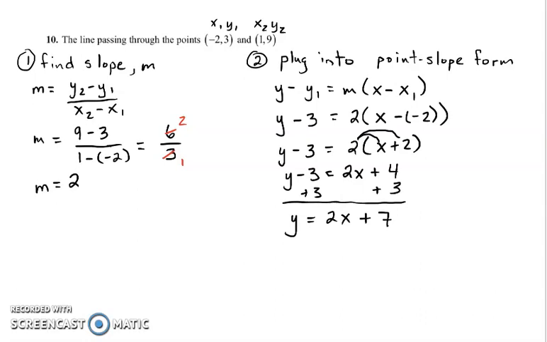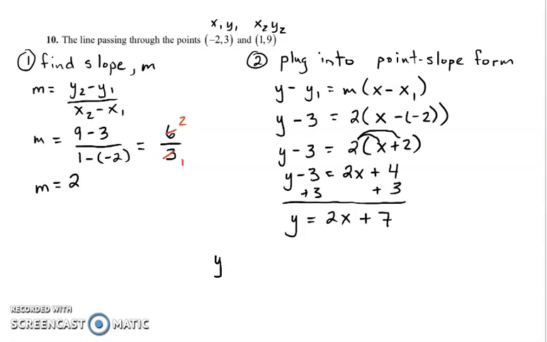Now, I used the point that we had labeled x1, y1. If instead I had used the point that we labeled x2, y2, would we have come up with the same equation? Well, I'll leave that to you to check if you want to, but here's how you would start that.